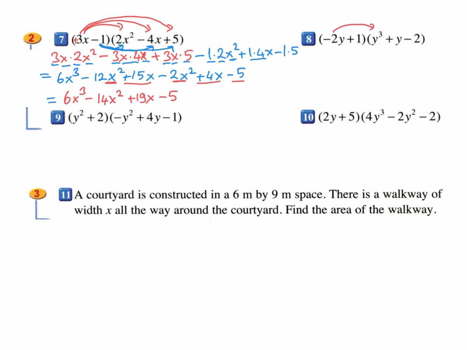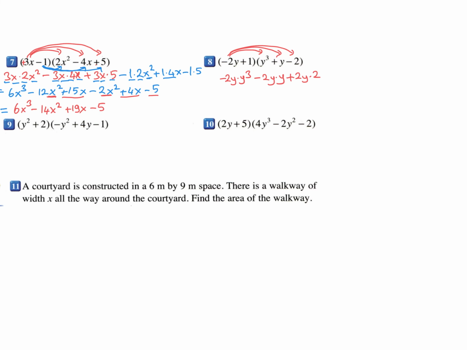Minus 2y times y cube, and then minus 2y times plus y, and the result becomes minus because minus 2y times plus y becomes minus. And then the last part, the minus plus will be minus 2y times 2 will be that one.